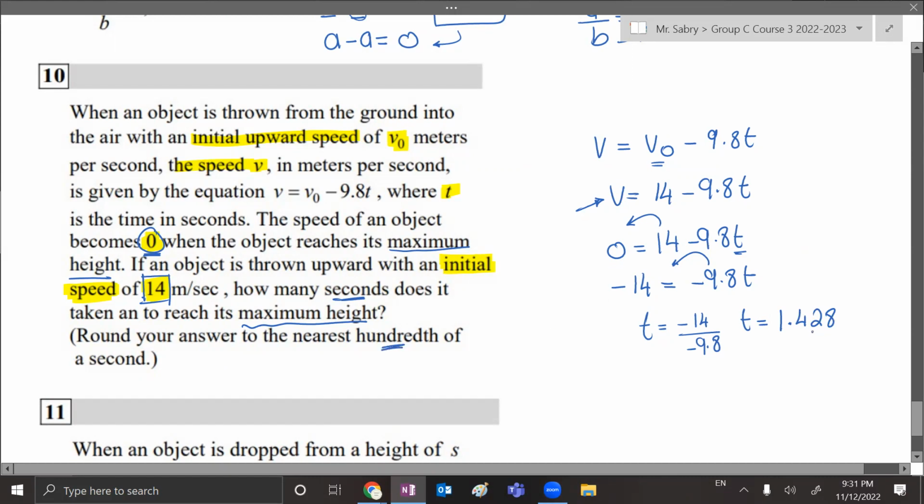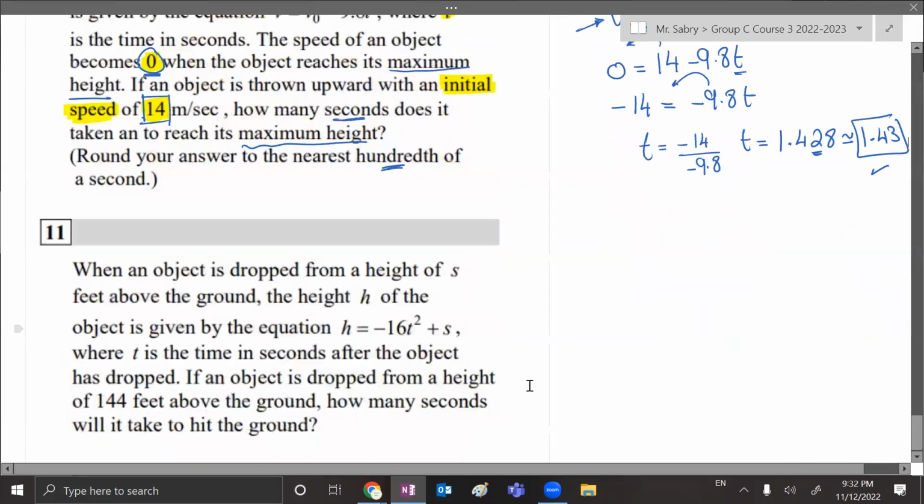So I should stop at this number here, which means that t is now equal to 1.43. This is how you're supposed to write your final answer. Does this make sense, everyone? I think it's easy, right? It's a very important concept.